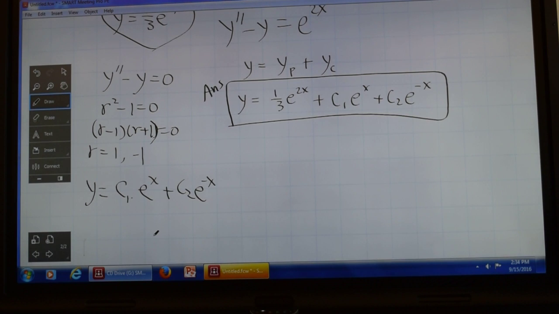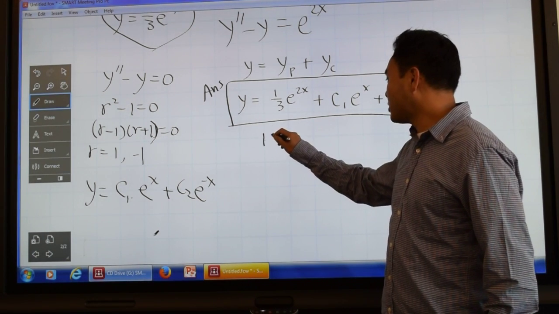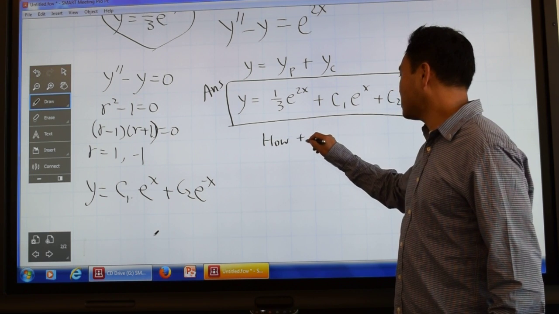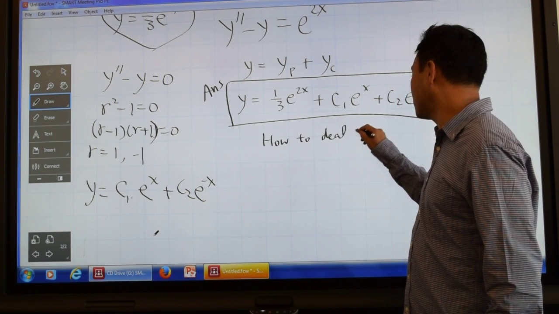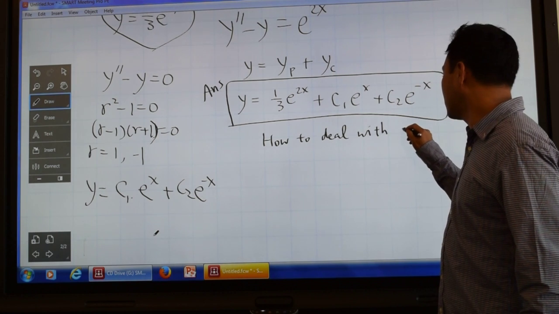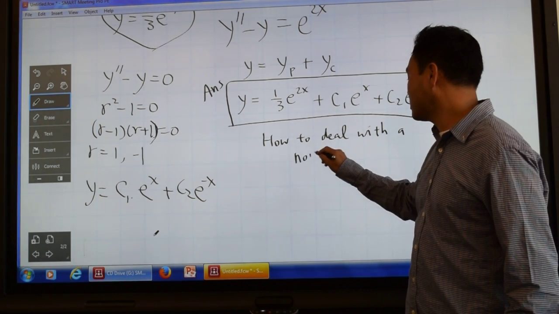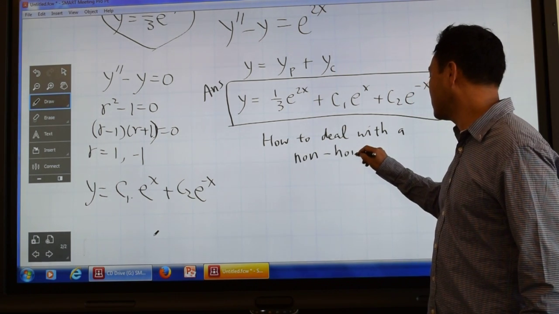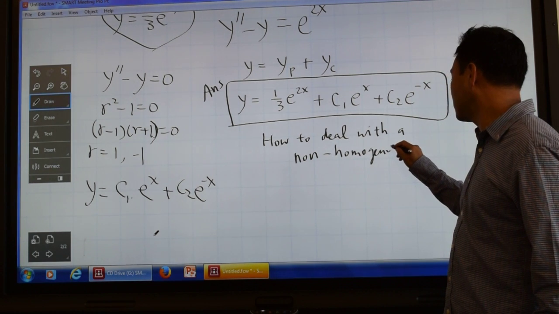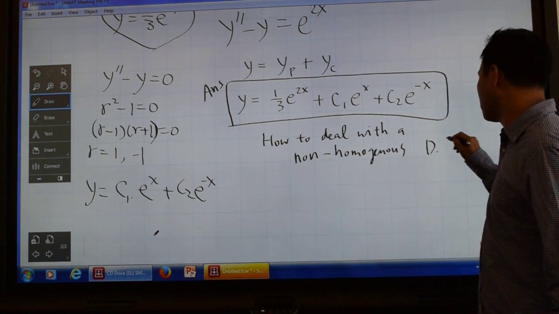And we may summarize it as follows. How to deal with a non-homogeneous differential equation.